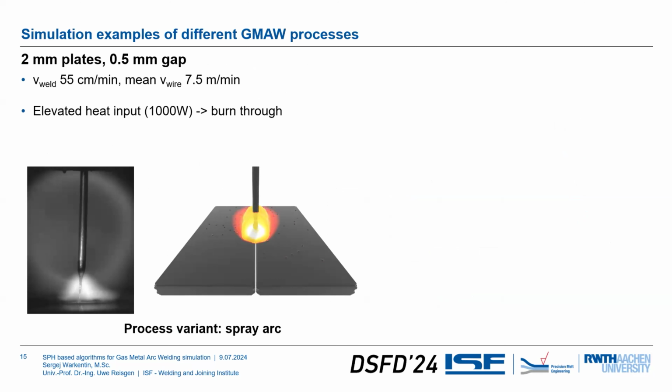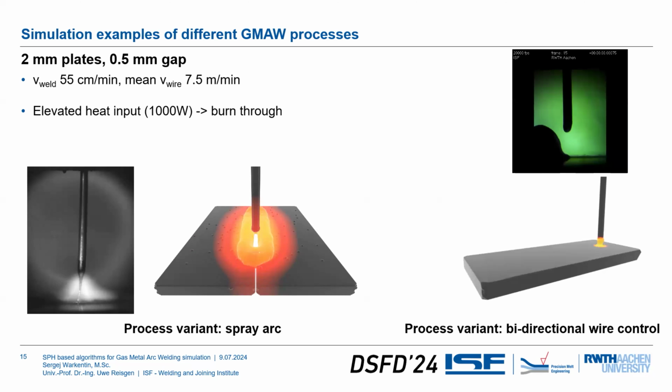It is typical for high energy input, and as you see right now, we have a burn through inside the workpiece, which is a big failure, and it should not happen at the production site. Another example is a bidirectional wire control.